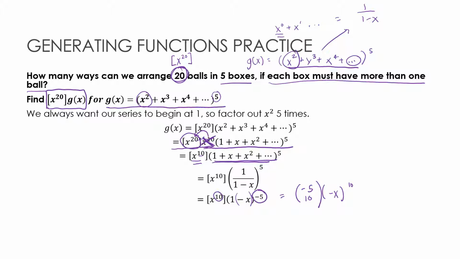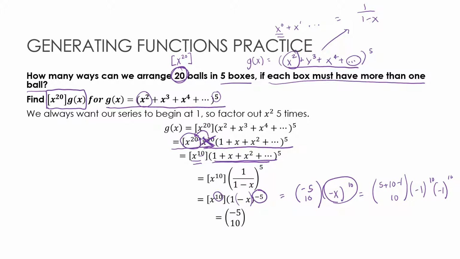Now remember, negative 5 choose 10 is 5 plus 10 minus 1, choose 10, and then negative 1 to the 10th. This guy is also negative 1 to the 10th. Negative 1 to the 10th, and then x to the 10th, which we don't care about.